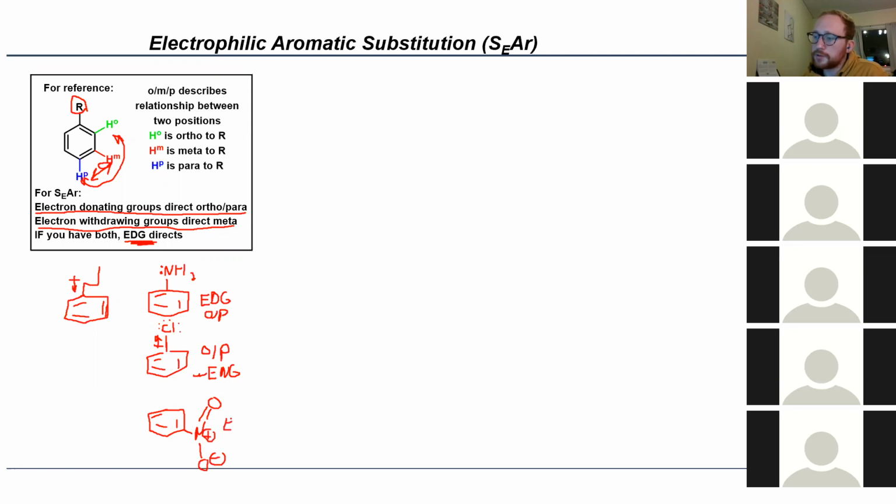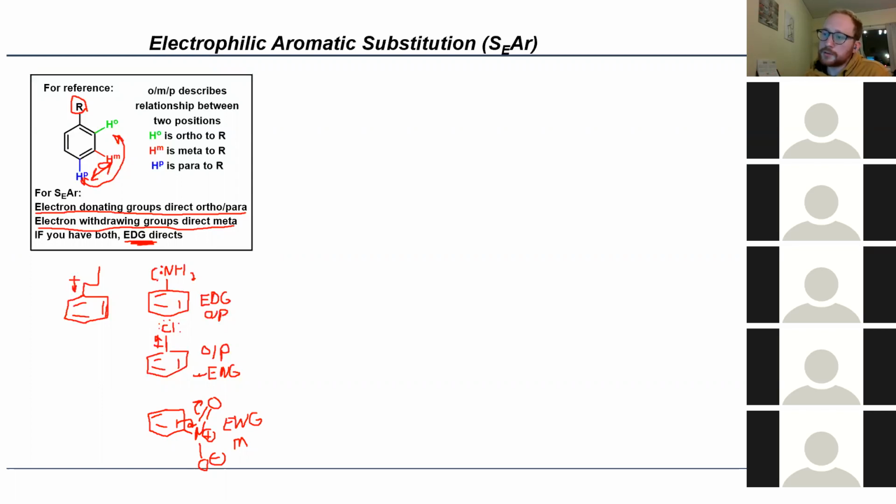This is a strong electron withdrawing group, and it's a meta director. The electron withdrawing group can accept electrons from the ring. Therefore, it is electron withdrawing, and it is a meta director.